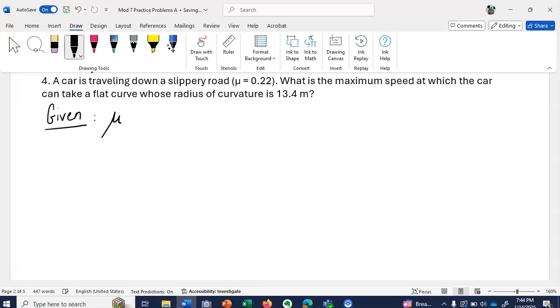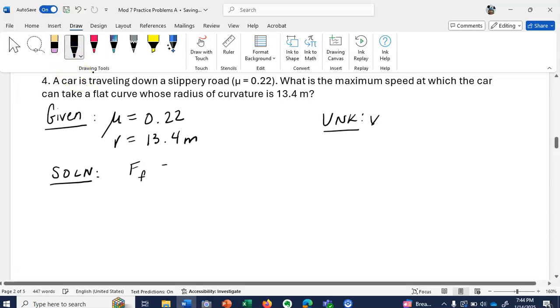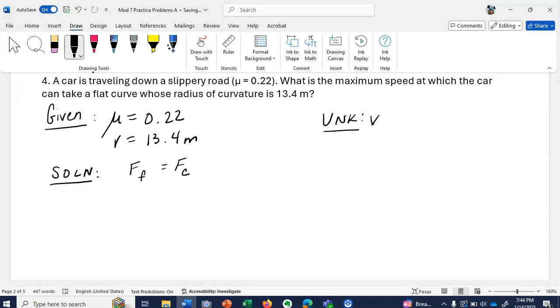All right, so we've got a car traveling down a slippery road where the coefficient of friction is 0.22. What is the maximum speed of the car, so velocity, if the radius is 13.4 meters? What we're going to say is that the force of friction, not the force of gravity, my bad, is equal to the centripetal force, because it's trying to stay on the curve.